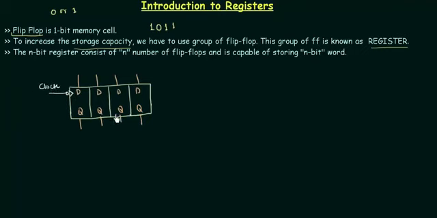Now there is one very important thing that you have to note. The clock is internally connected and applied at the same time. This clock is connected to all these 4 flip-flops internally and applied at the same time. In sequential circuit, clock pulse is not generated individually for every operation, but it is generated and given to all the operations.